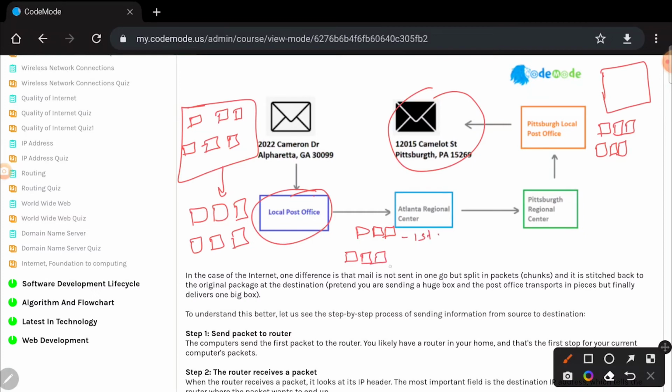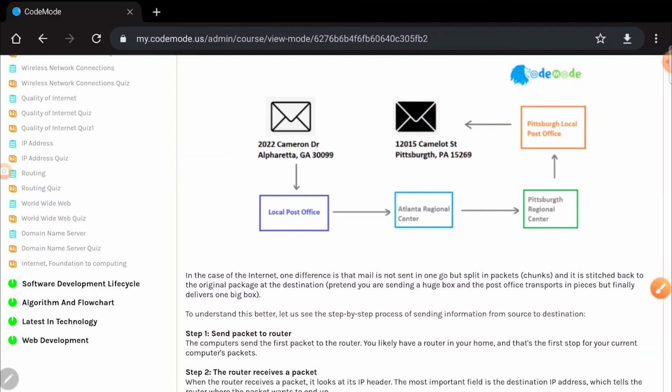Maybe this is the first go and this is the second go. I'm just giving a fictitious example. And at the end, towards the destination, all 6 packets move back into a big box, and the big box is delivered here. That's how, in a similar fashion, data moves over the network.